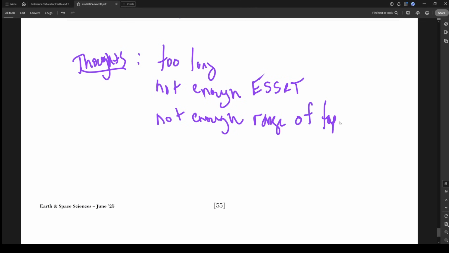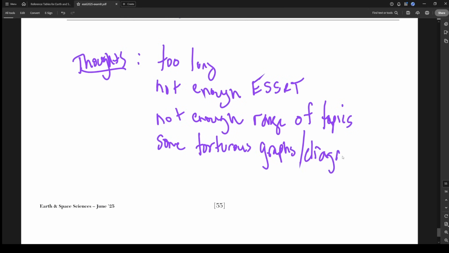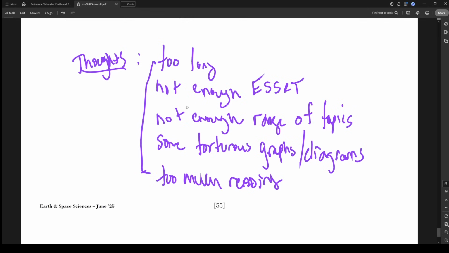It's too much like human impact, environmental sort of thing. Some torturous graphs and diagrams. Too much reading. But really, this goes with the too long. Other than that, honestly, it was fine.